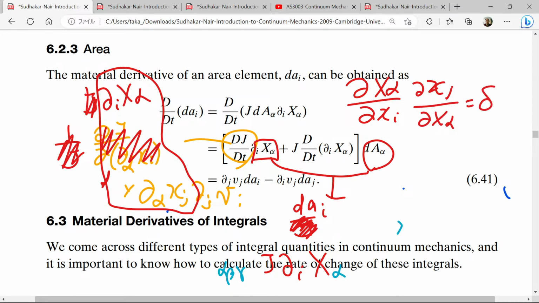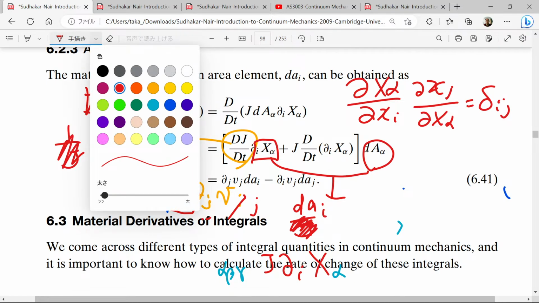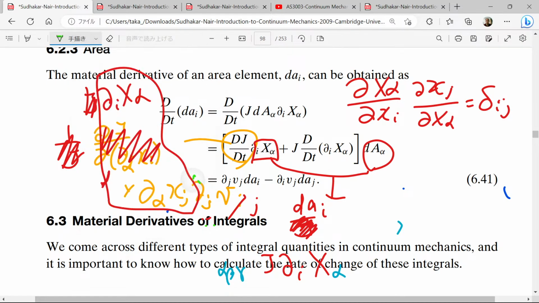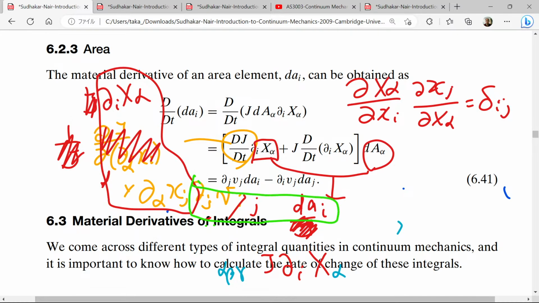See delta ij. Yeah. So delta ij changes j to I or I to j. So let me change I to j. So then we have this partial, final thing is this. Finally we have this one. So this is the first term.